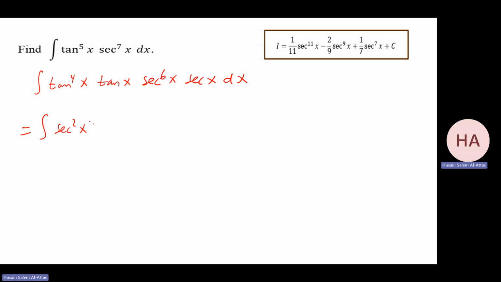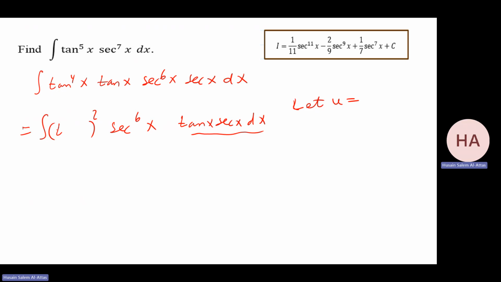Secant square x all squared, secant to the power 6 x. This will be tan x secant x dx, which is my du. So I let u, no, this is not secant square. It will be secant squared minus 1. Yes, 1 plus tan squared equals secant squared. So tan squared.